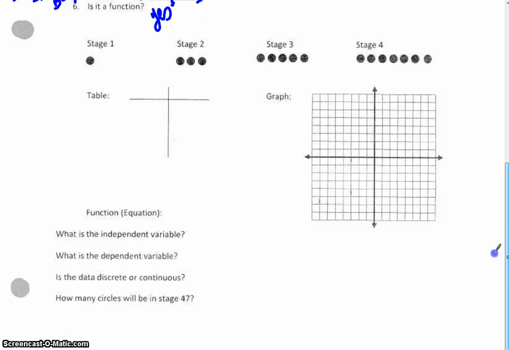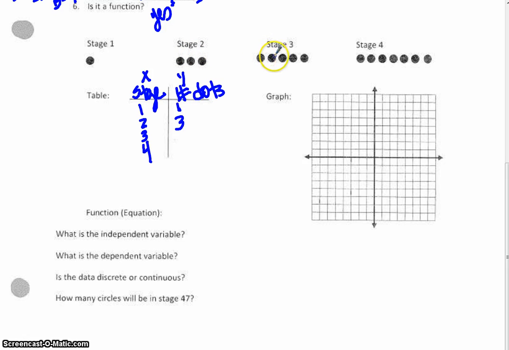So now when they give you a stage problem, you've got to remember that x is your stage and y is the number of dots or whatever you have. So we have 1, 2, 3, 4 stages. At stage 1 we have 1 dot. At stage 2 we have 1, 2, 3 dots.